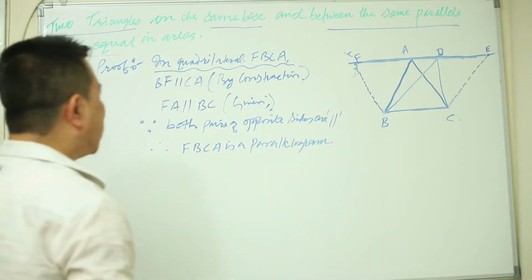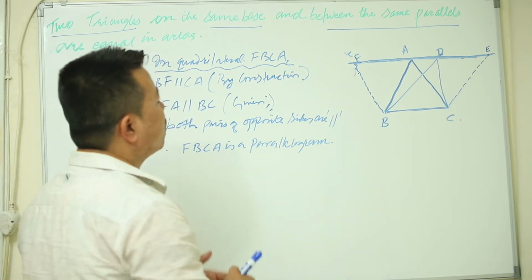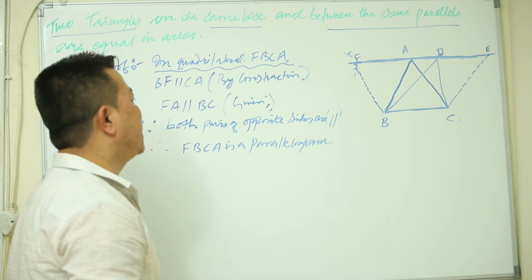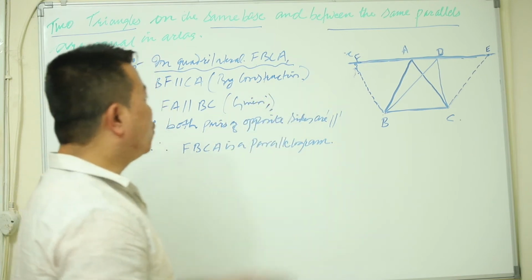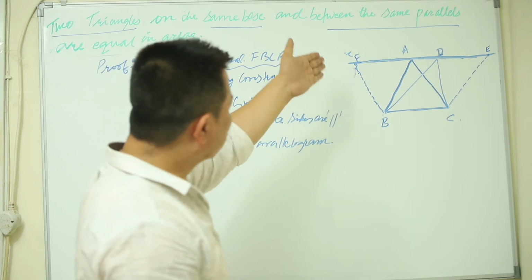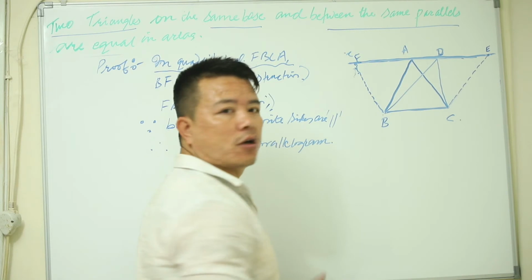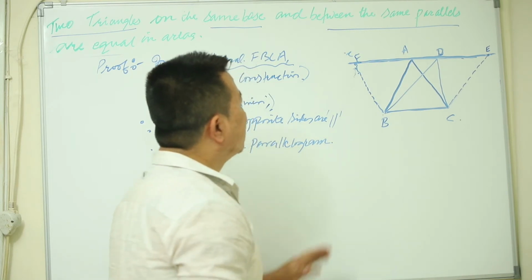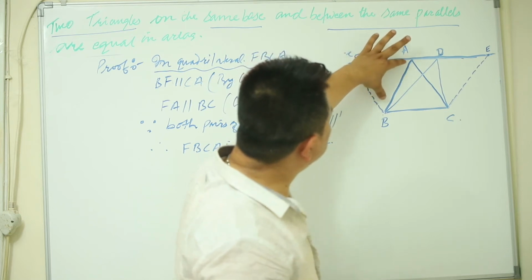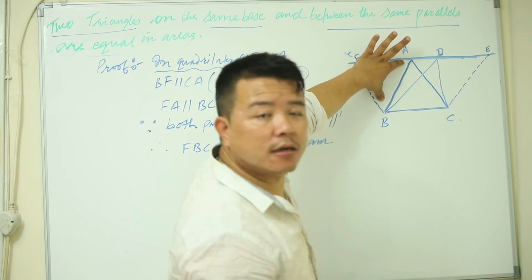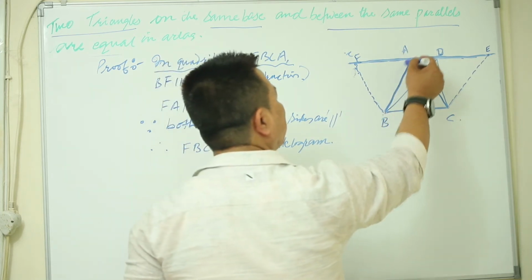As I told you, the property of a parallelogram: if you can find that both pairs of opposite sides are parallel, then the quadrilateral is a parallelogram. Now if you look closely at this figure FBCA, it is already proved to be a parallelogram. AB is a diagonal, right?